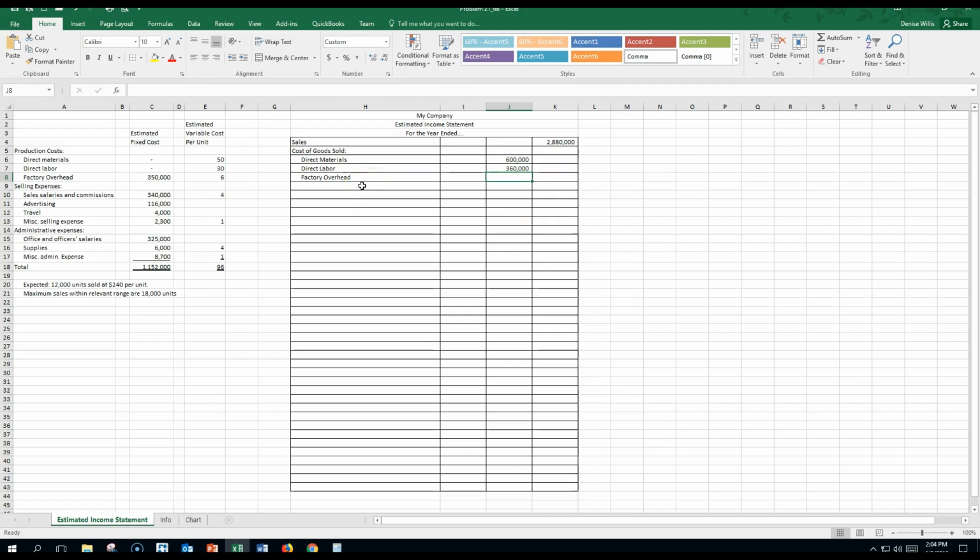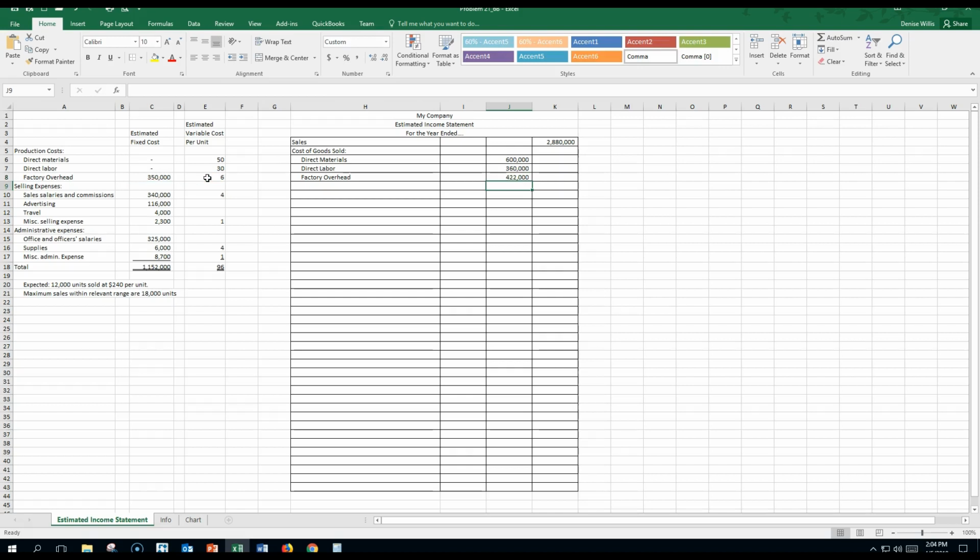Now I'm on overhead. Okay, factory overhead now. It has a fixed portion and a variable portion. So we're going to take care of both of those. I'm going to say this equals the 350,000 plus 12,000 times our variable portion of $6.